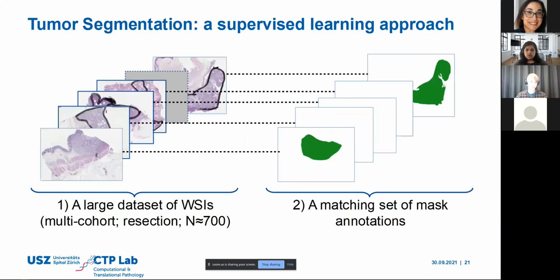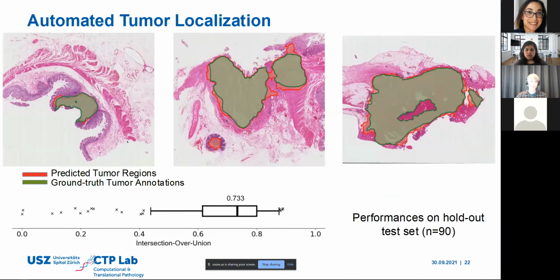So for the tumor segmentation task, this was addressed with a supervised learning approach, meaning that we use a data set with paired raw images and tumor annotations that were created by an expert pathologist. And by feeding this model, we are able to make predictions on new images as in a real world scenario.